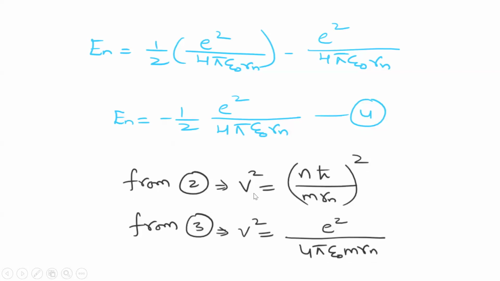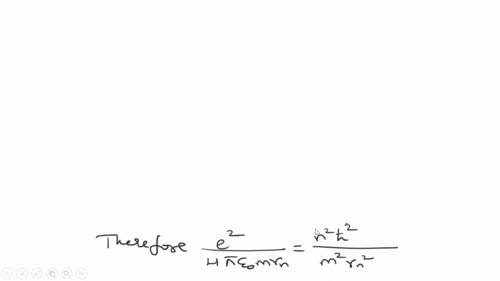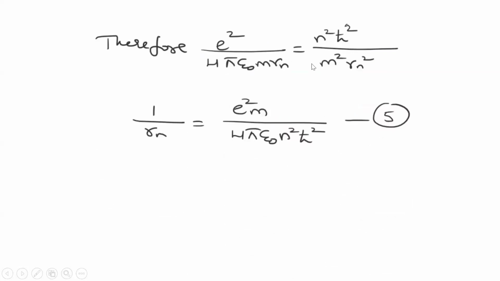Now from 2 and 3 we get v square is equal to n h cross by m Rn squared, from the second equation, and from the third we get v square is equal to e square by 4 pi epsilon m Rn. Now we can equate these two. So when we equate them, we need to find 1 by Rn, that is 1 by the radius of the nth orbit.